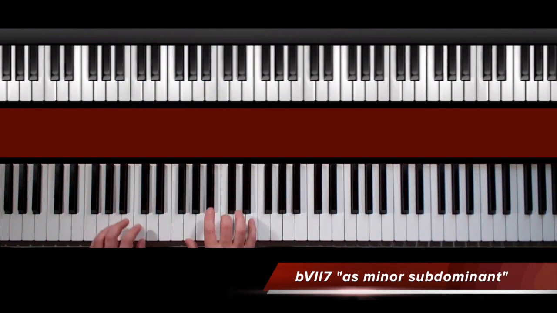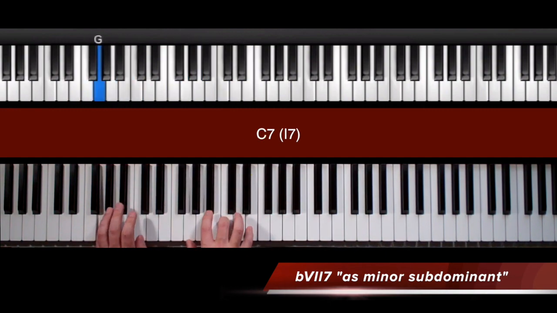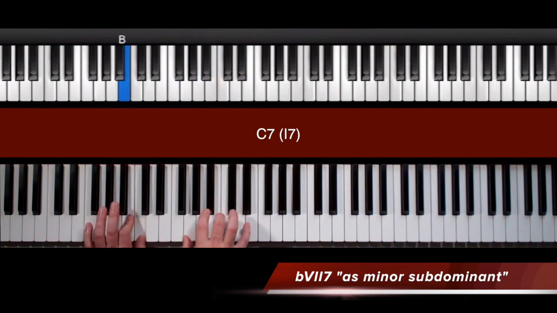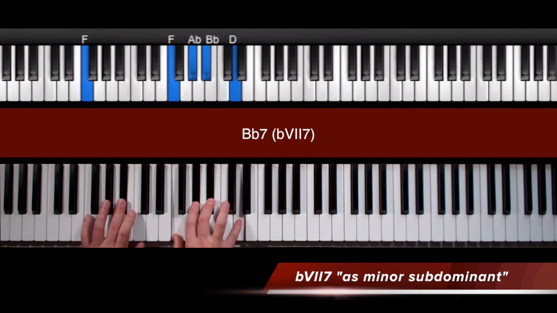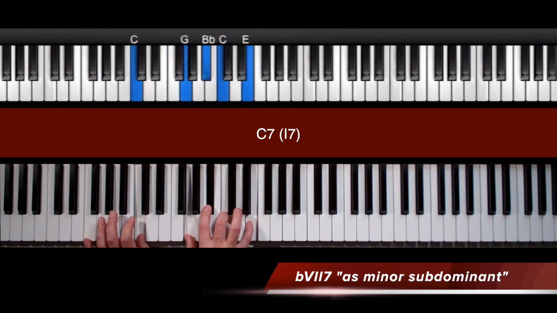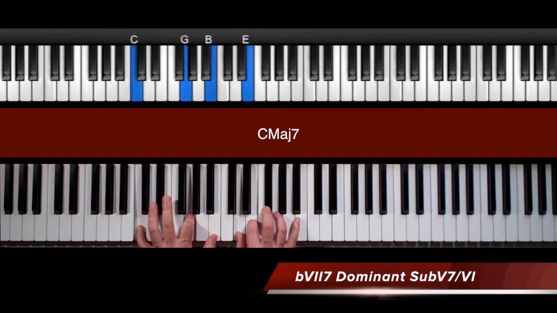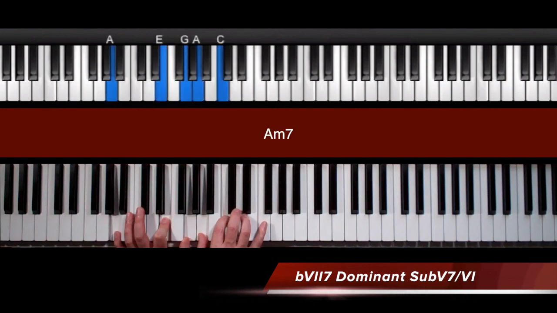Just like Killer Joe. C7, B flat 7, C7, and so on. But we can also use it as a passing chord to A minor. C major, dominant passing chord, A minor.